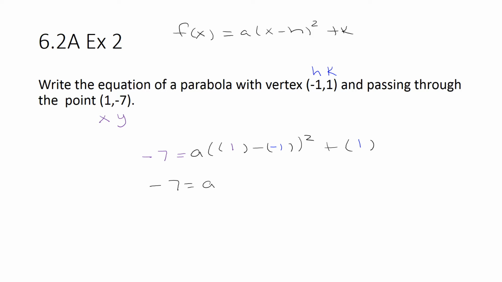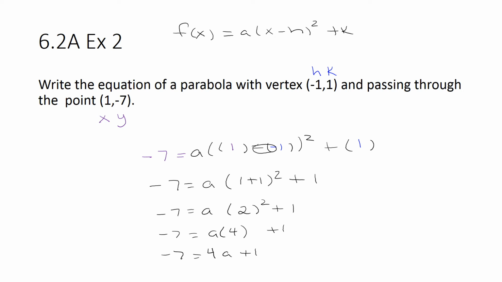So negative 7 is equal to a. This double negative here becomes a positive, so we have 1 plus 1, quantity squared, plus 1 on the right. Negative 7 is equal to a times 2 squared plus 1, 4 plus 1, 4a plus 1.